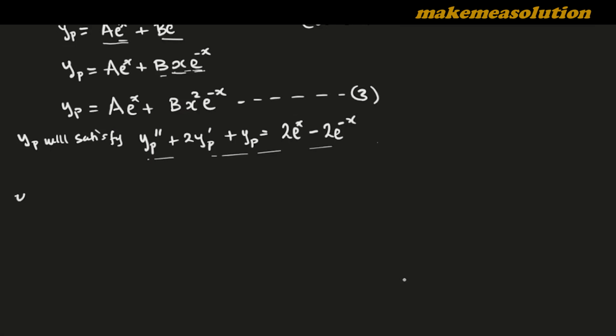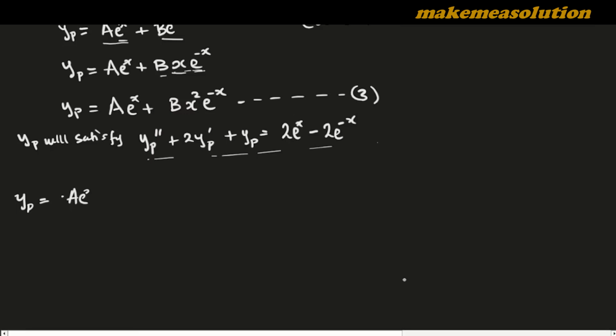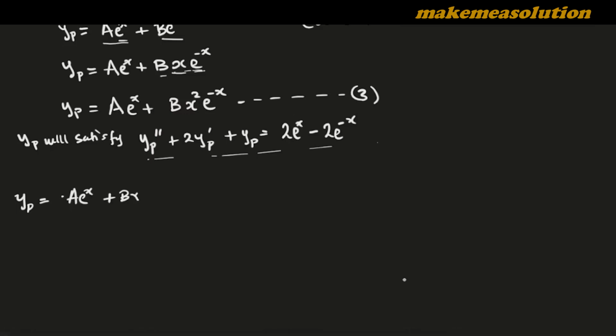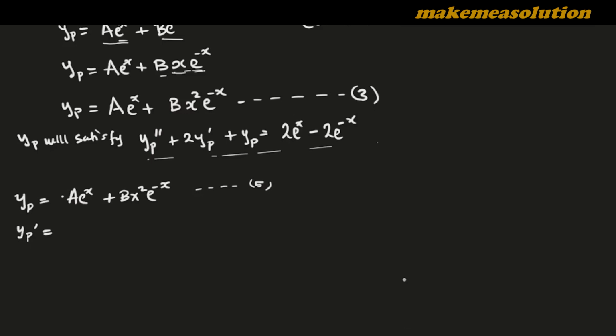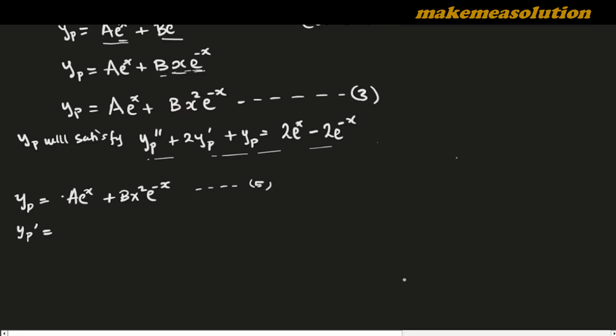So that means we need to obtain yp prime and yp prime prime. yp is now given to us as a exponential x plus bx squared exponential minus x. Then we have to obtain our yp prime. Before we obtain yp prime, let me teach you something very important. You find this very handy when you're solving ordinary differential equations.